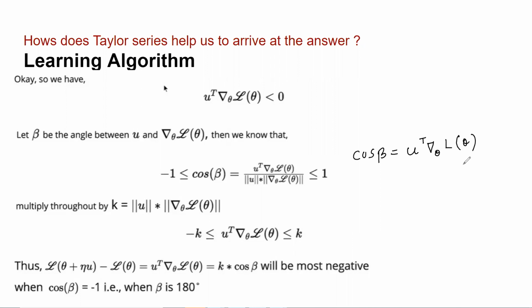Are you agree with this? No, Ashutosh, I have a doubt here. So cos beta is equal to this divided by that norm term, right? Yep. The denominator term, I agree with you.